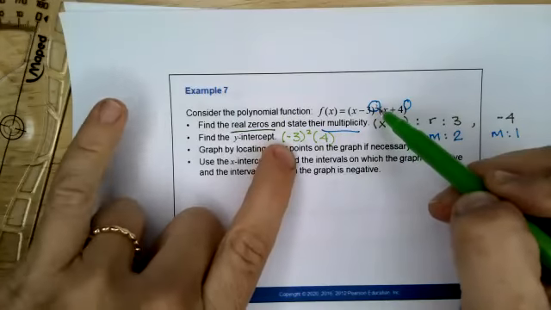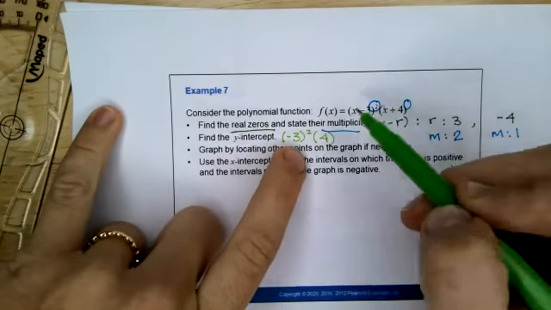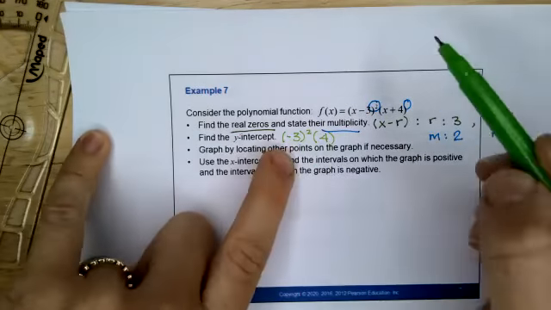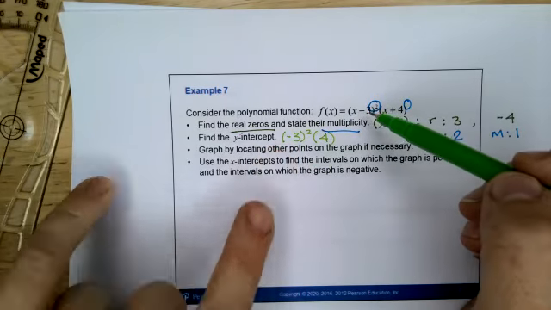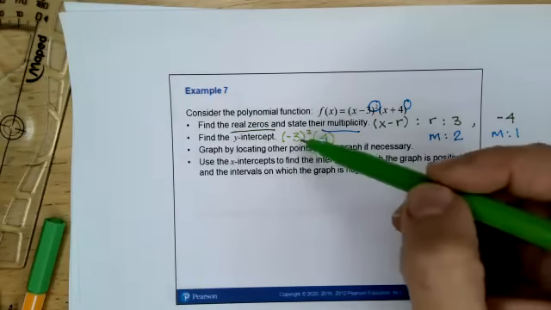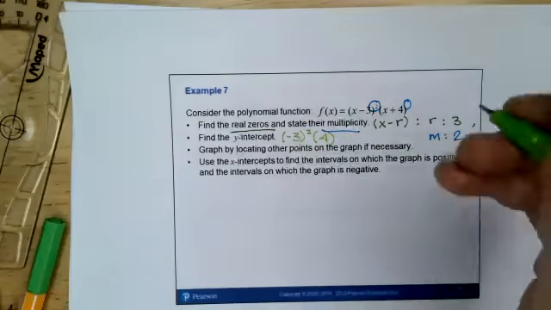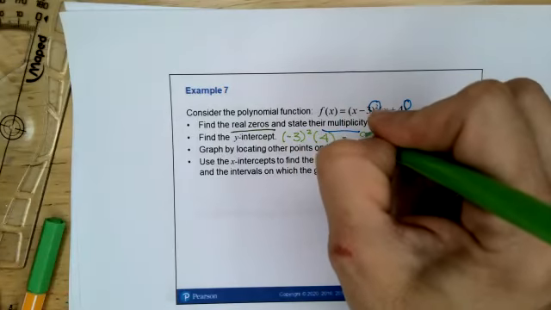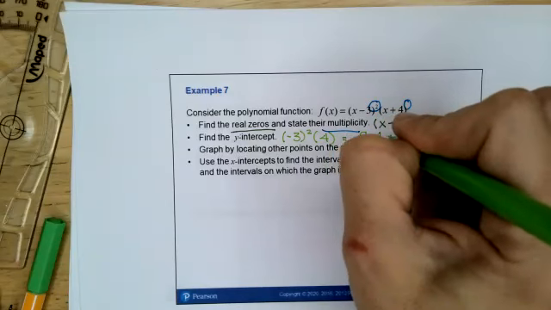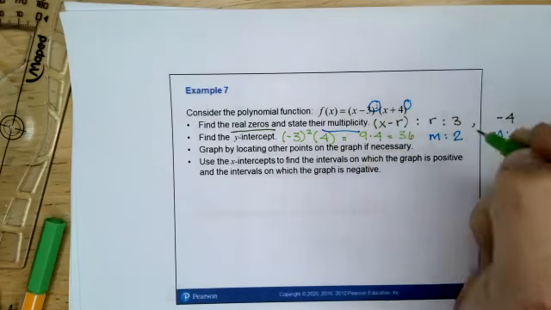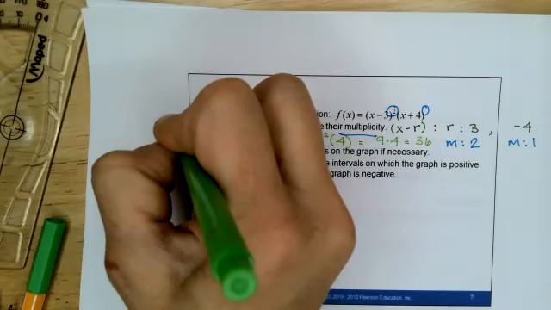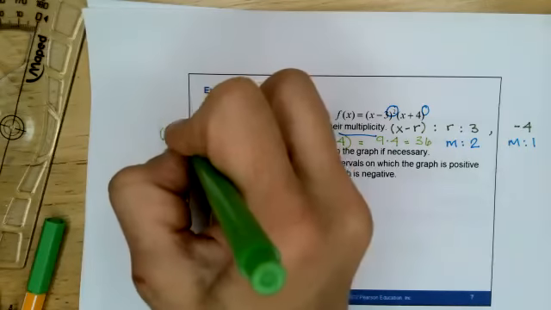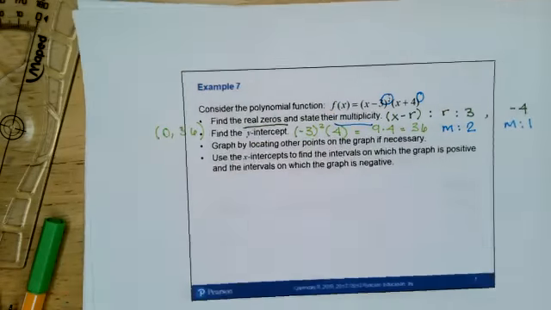Don't forget to include the power sign and whether it's positive or negative. We're not multiplying the real zeros, we're multiplying the constants, the -3 squared and the 4. -3 squared becomes 9. 9 times 4 is 36. So the y-intercept is at 0, 36.